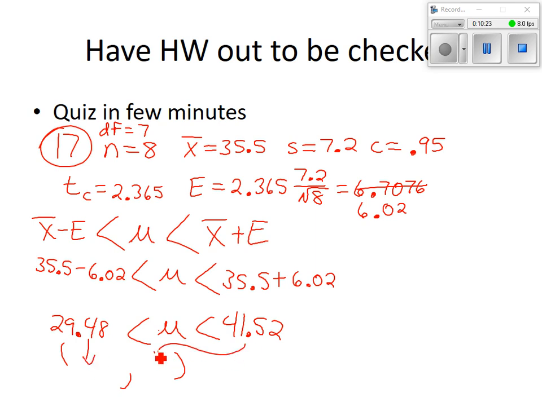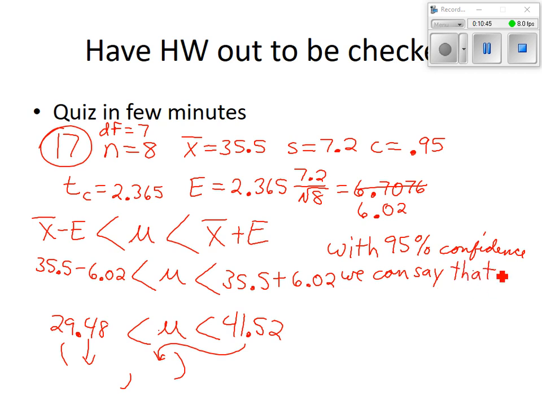The explanation is, with C being 95% confidence, we can say that the average commute time of the population is between those two numbers.